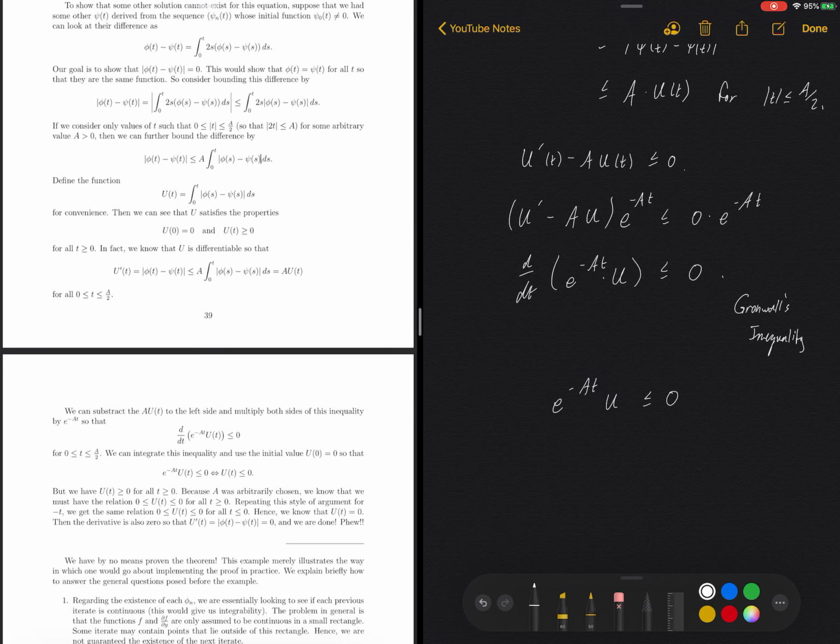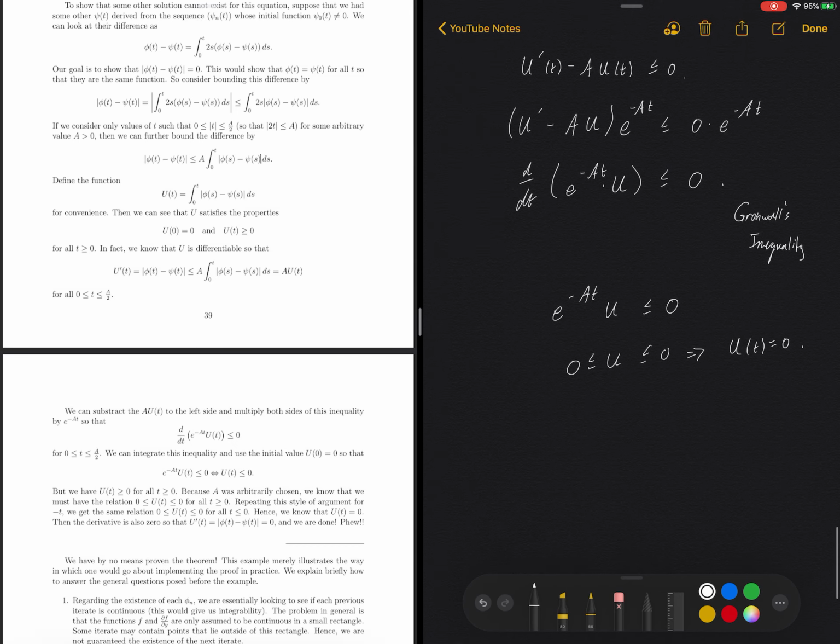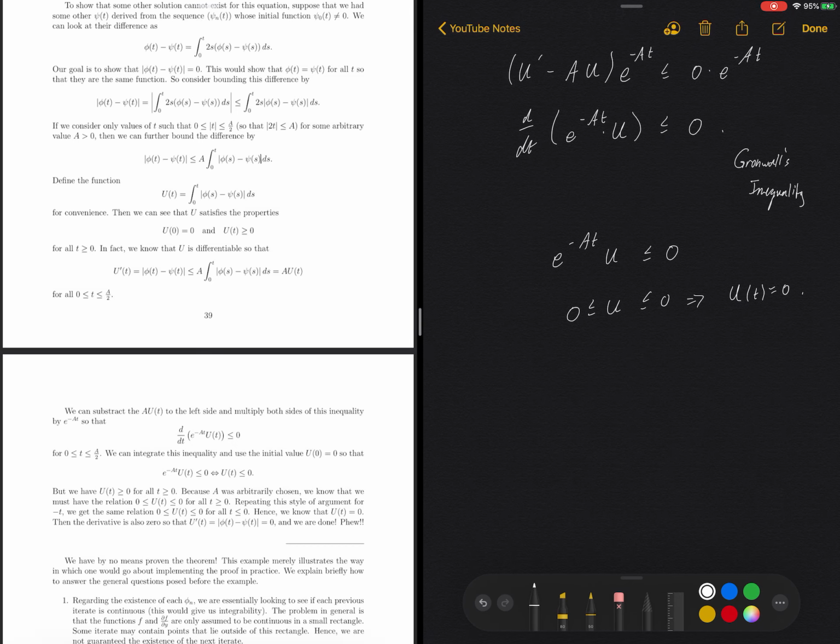So listen to the teacher by not listening to the notes. Bear with me for a second. If this was the case, then I'd have e to the minus t times a u is less than or equal to, well, in this case it would be a constant. But the constant satisfies the u of 0 equals 0 initial condition, so that we can go ahead and say that this is actually bounded by 0.